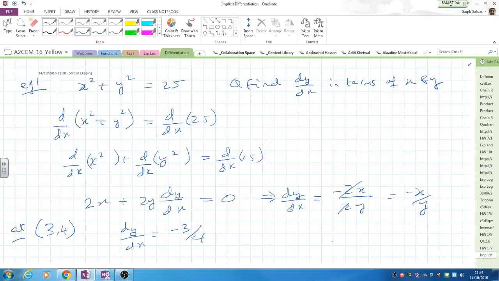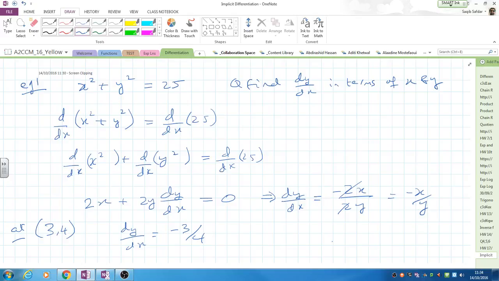While I'm on this example, I'll add a little side note. If you want to, as an experiment, you could rearrange x squared plus y squared equals 25 in terms of y equals plus or minus. The plus or minus will give you two different equations.